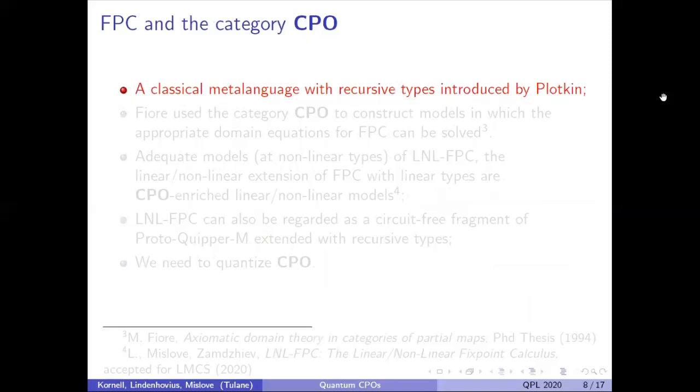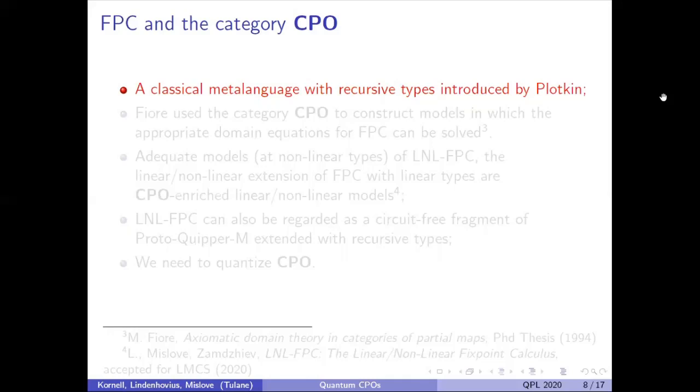Okay, so next we are looking at FPC. It stands for fixed point calculus. It was introduced by Plotkin, and it's a classical meta language with recursive types. And we are interested in this because if we're looking at quantum programming languages with recursive types, and then if we look at the classical fragment, it should be quite similar to FPC.